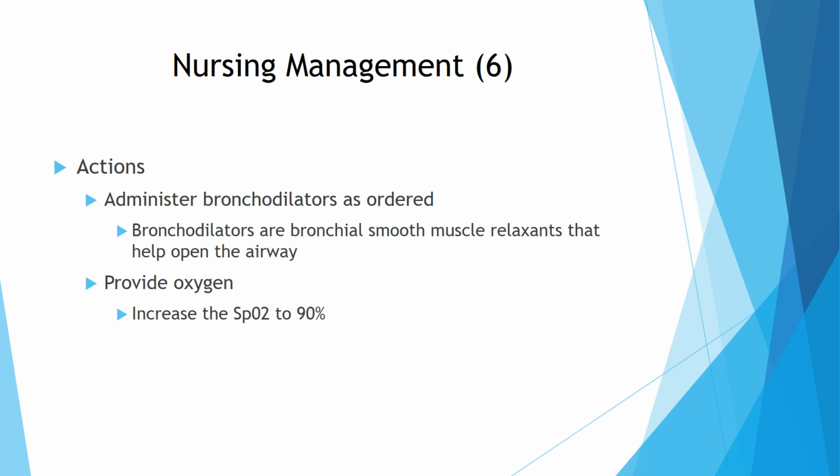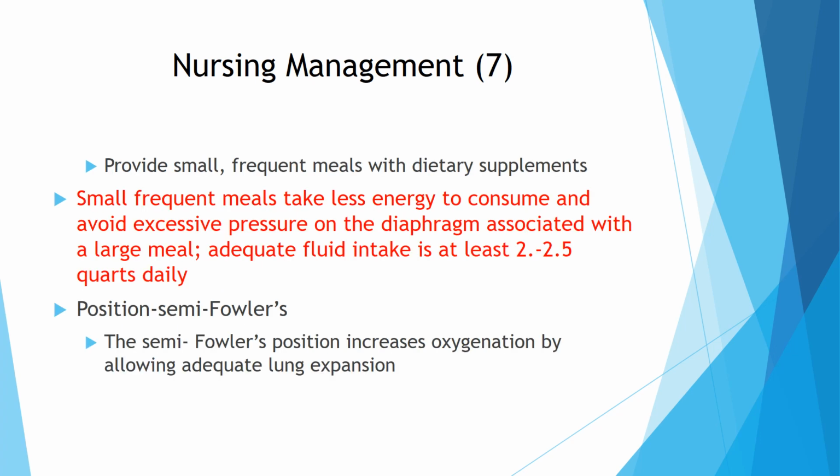So nursing management, nursing actions: we are going to administer bronchodilators as ordered, because bronchodilators are the smooth muscle relaxants that will help to open this airway. We are going to provide oxygen, but not too much oxygen, not more than the 1 to 2 liters, to increase the SpO2 to 90%.